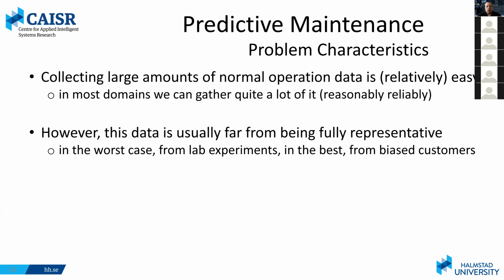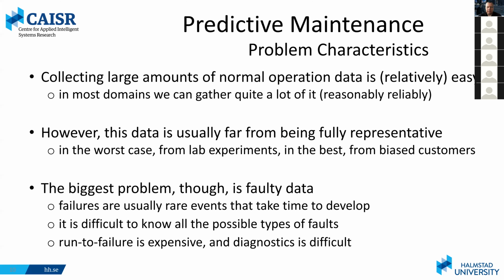It's not going to always be fully representative, in the sense that sometimes this data can come from lab experiments, sometimes it will come from a subset of customers, usually the ones that the OEM has the best contacts with or whatever. So it will not cover the whole range of all the possible types of data, or all the possible usages and so on. But you can get large amounts of operation data.